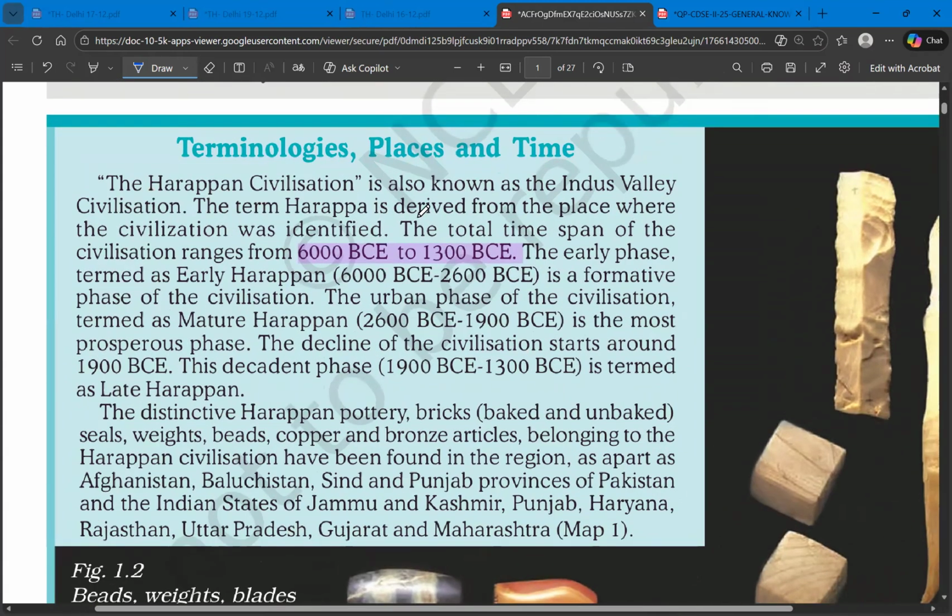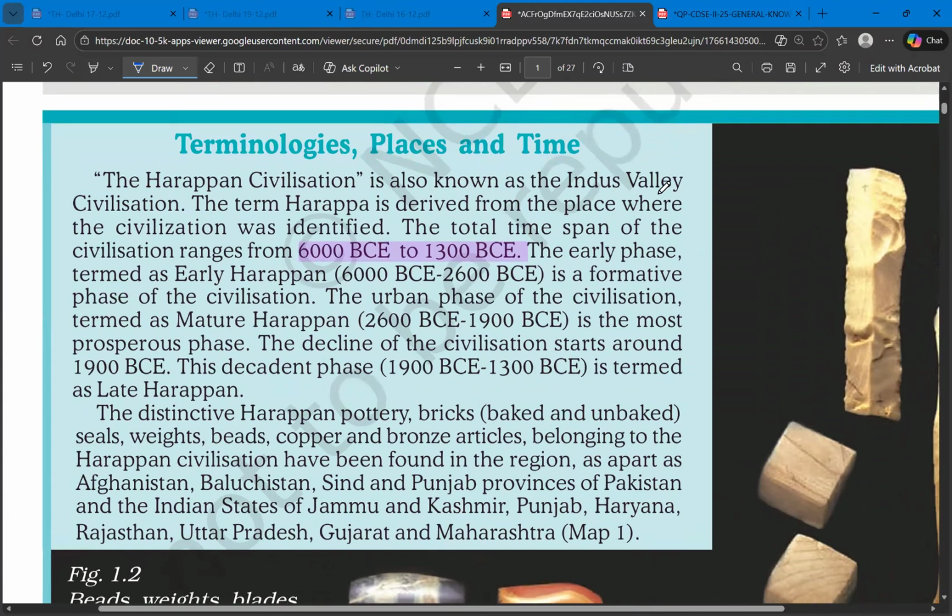The Harappan civilization is also known as Indus Valley civilization. But why is it called Harappan civilization? Because in this civilization, Harappa was the first city that was discovered. So that's why this is called Harappan civilization, which is also known as Indus Valley civilization. The term Harappa is derived from the place where the civilization was identified.